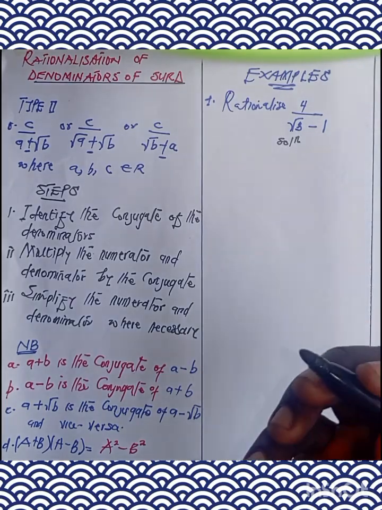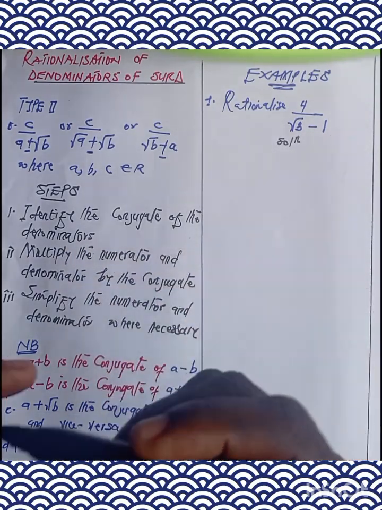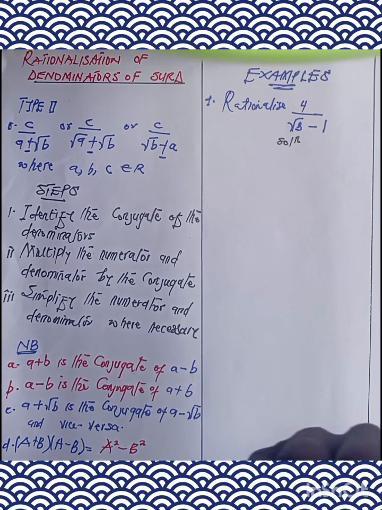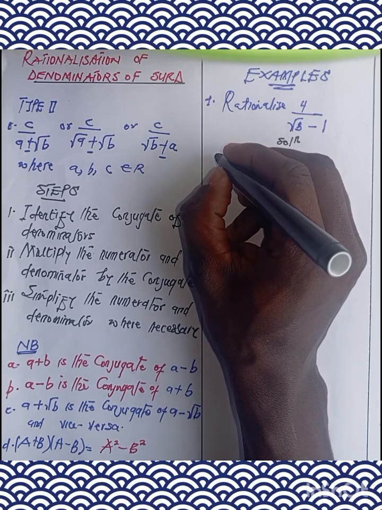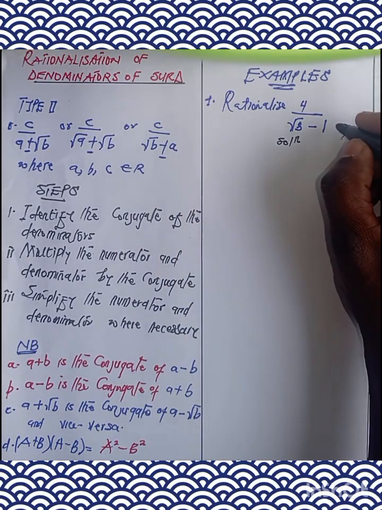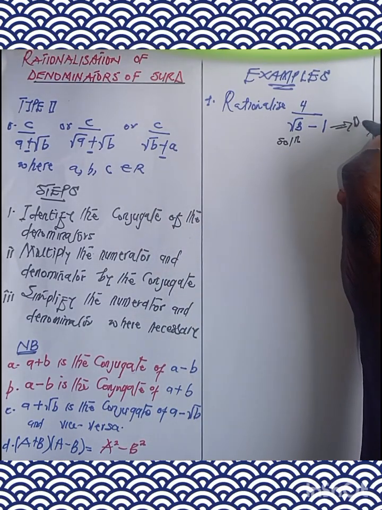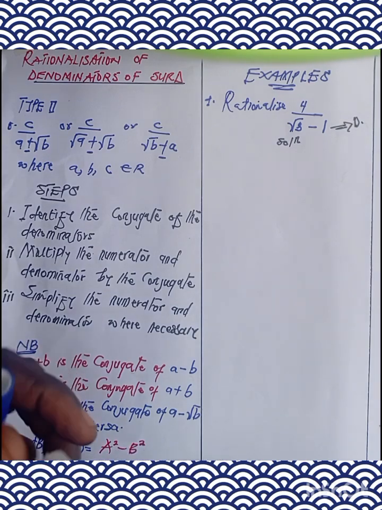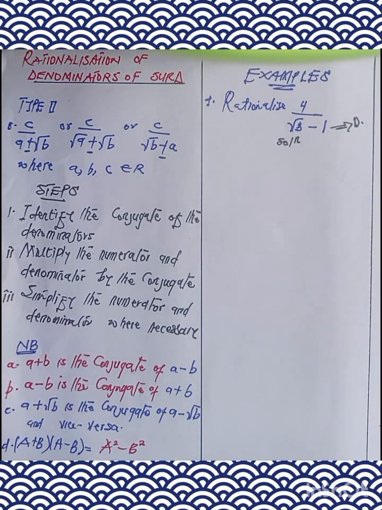So first thing, the step says identify the conjugate of the denominator. So first identify the denominator and then we find its conjugate. So we know that this is the denominator. Now what will be the conjugate? As I said earlier on, the only thing that changes is the sign.